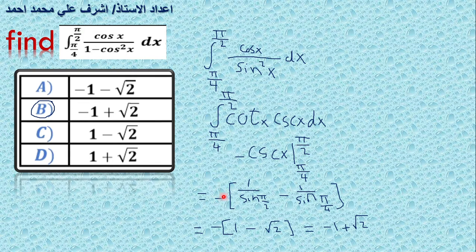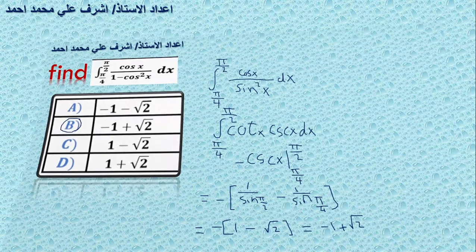We take negative 1 as a common factor, and substitute the upper limit and lower limit with a minus: 1 over sine pi over 2 minus 1 over sine pi over 4. We calculate it and get negative times (1 minus radical 2). We expand the brackets: negative times positive is negative 1, negative times negative is positive radical 2. So the right answer is B.